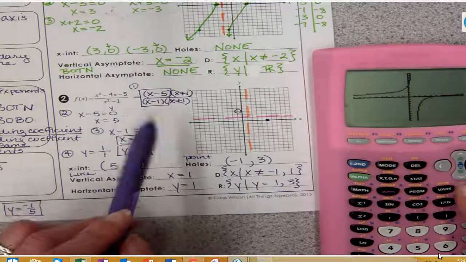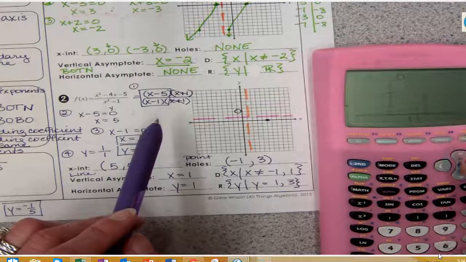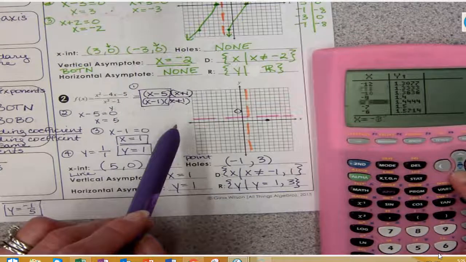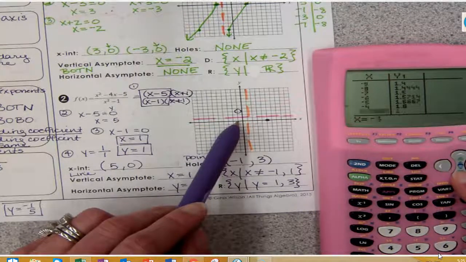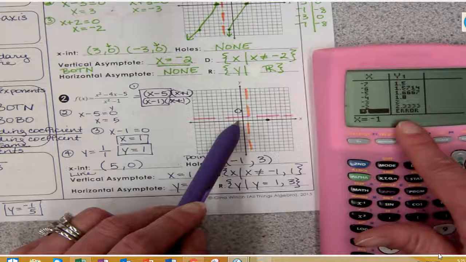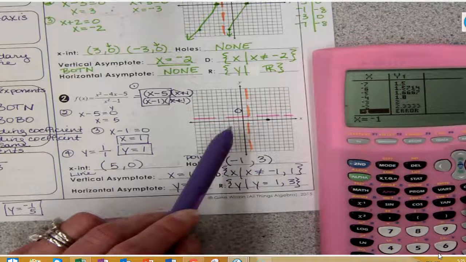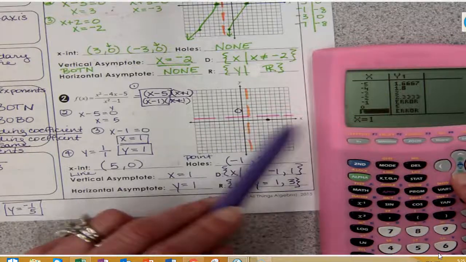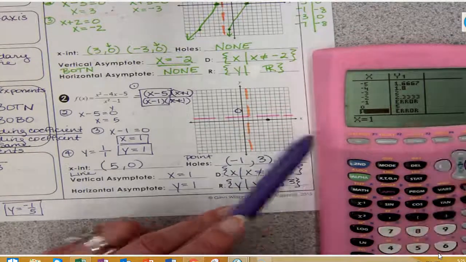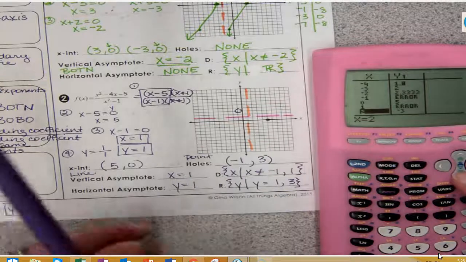That's good. Now let's look at our table, and we should have an error at -1, which we do because that shows where our hole is. And we should also have an error at +1, which we do. That shows our asymptote. So we're in good shape.